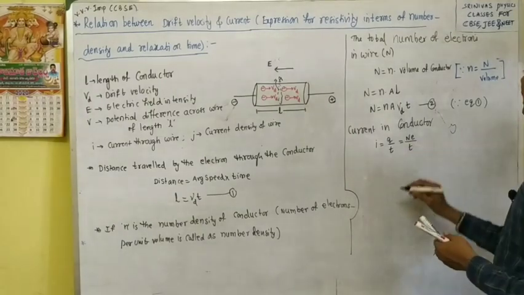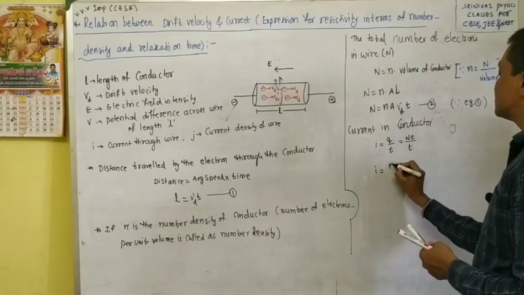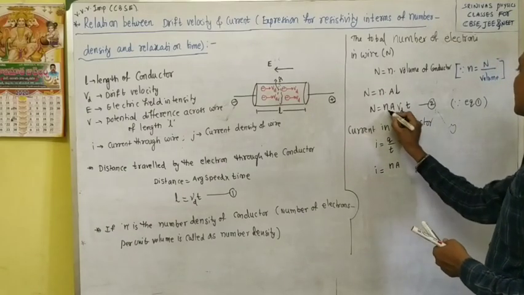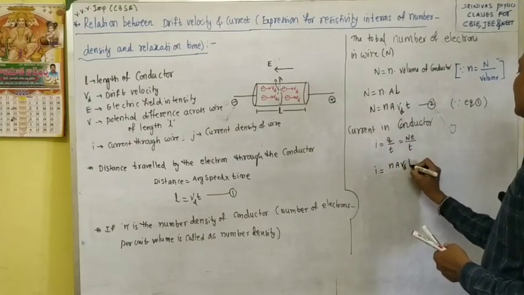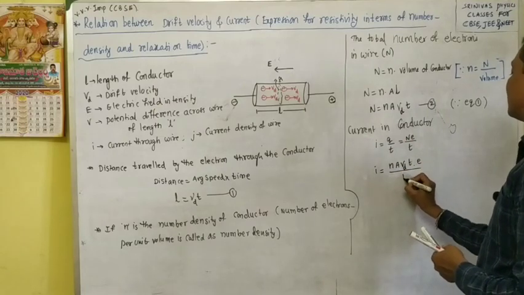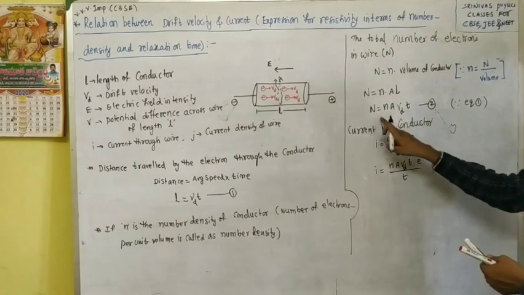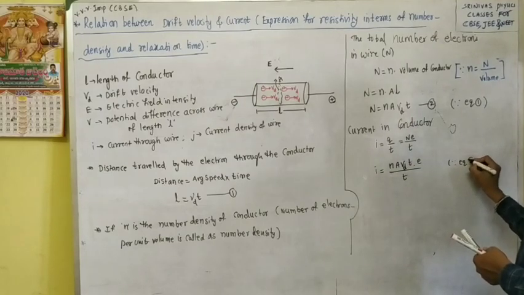Now we substitute the capital N value here from equation 2. Then we will get the current formula: nAVdt into e by t. Is it right? Capital N formula we are writing, from equation 2.